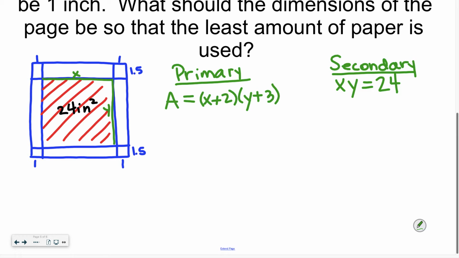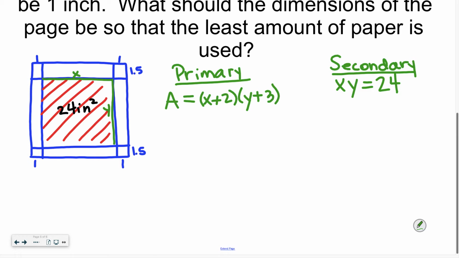On our secondary equation, we have the same 2 variables, but we have a numeric value as a part of that equation. Okay, do you see the difference in how they look? Where this one has the 2 variables with a numeric value. This has the 2 variables with whatever we're trying to optimize.